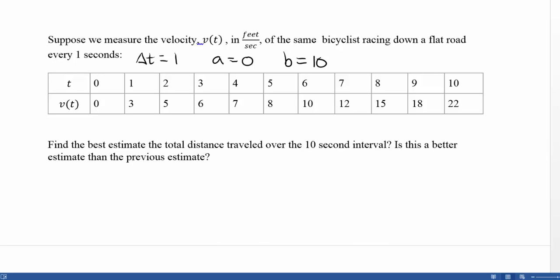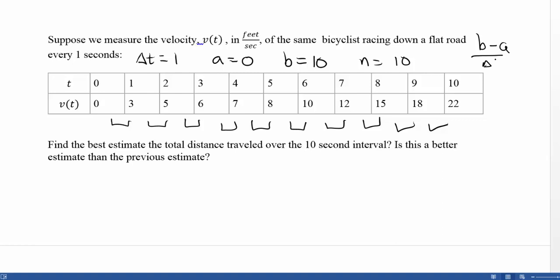And then my n, which is the number of intervals that I'm going to be using, I can count 1, 2, 3, 4, 5, 6, 7, 8, 9, 10. So I can count them by looking between how many points I'm going to be using. But I also have this relationship that b minus a divided by delta t equals n.